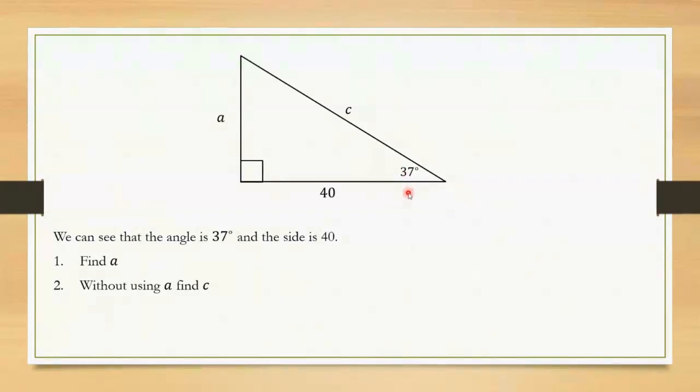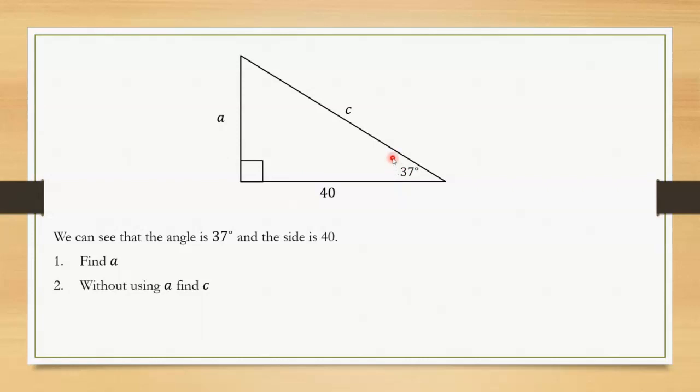All right. Anyway, if we want to get A, what do we have? A is our opposite side. We know 40, which is the adjacent side. So the question is, to find A, what would we use? We have opposite, adjacent. Well, what trig function involves opposite and adjacent?